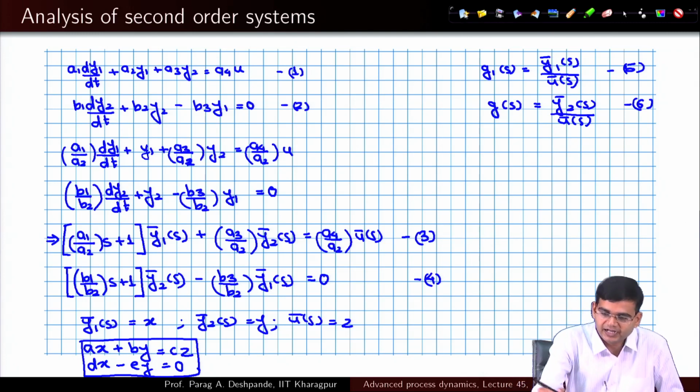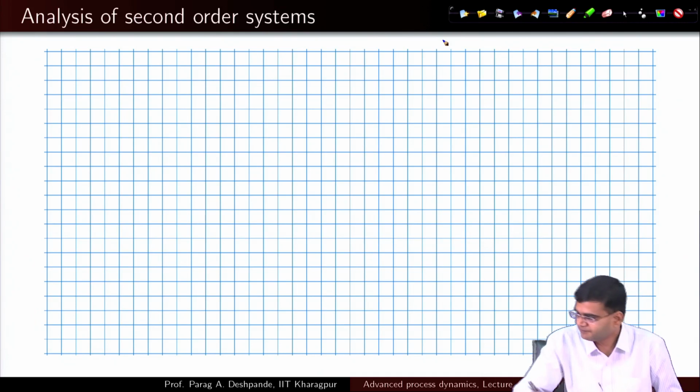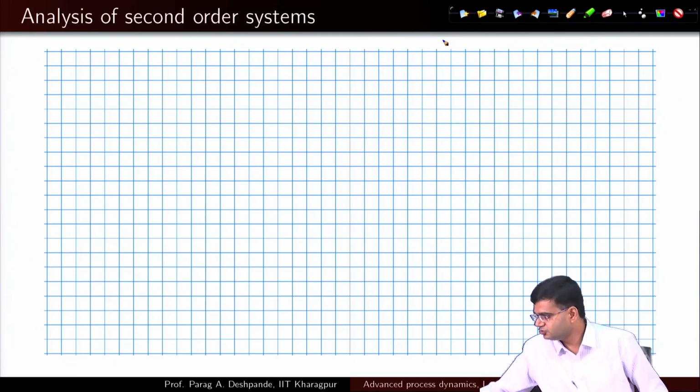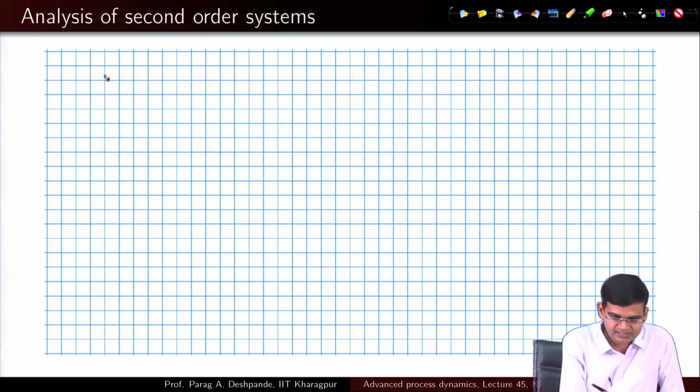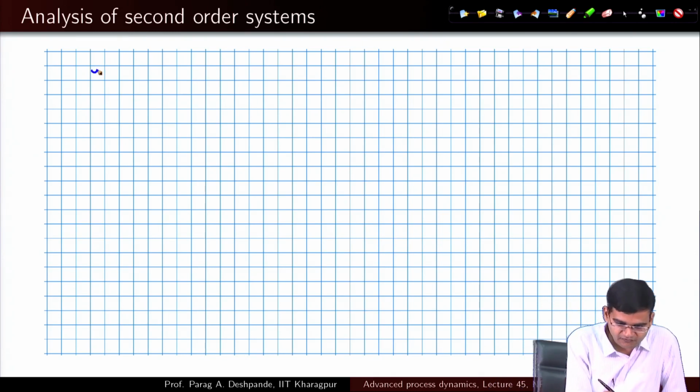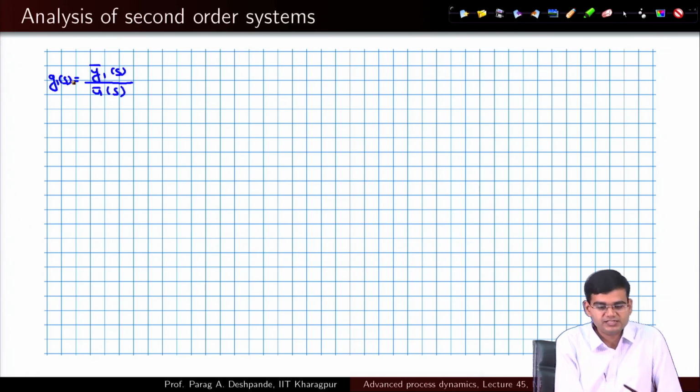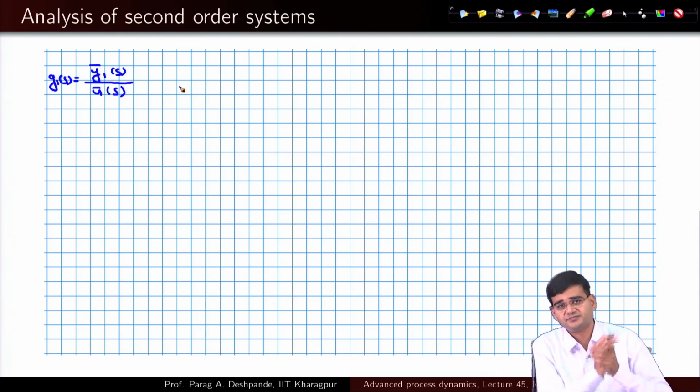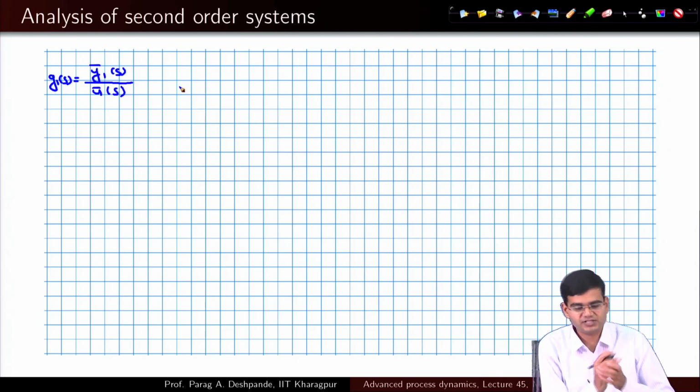So, I am writing the final expression here. The final expression that you should get by doing this mathematical jugglery is in front of you: y1 bar of s upon u bar of s, which we wrote in the previous slide as G1 of S, the transfer function of only the first tank.